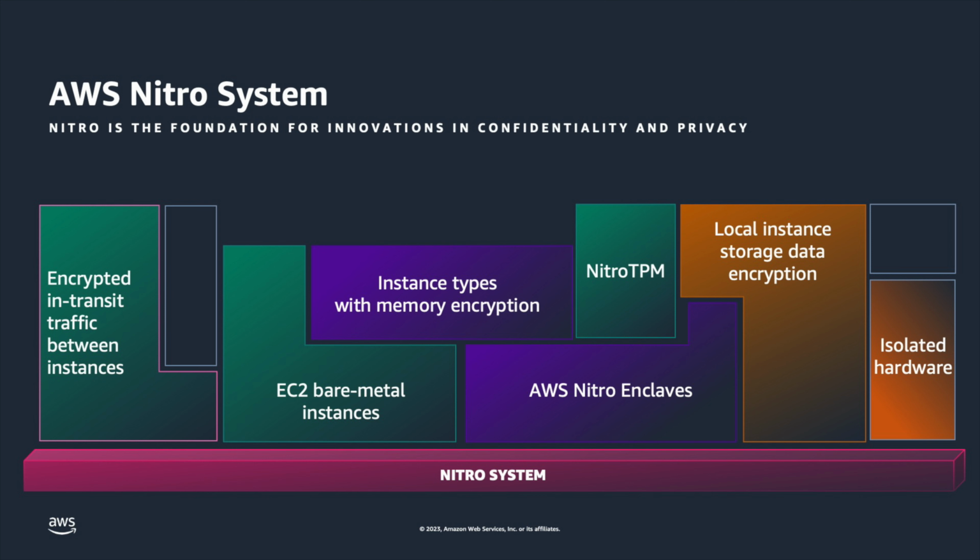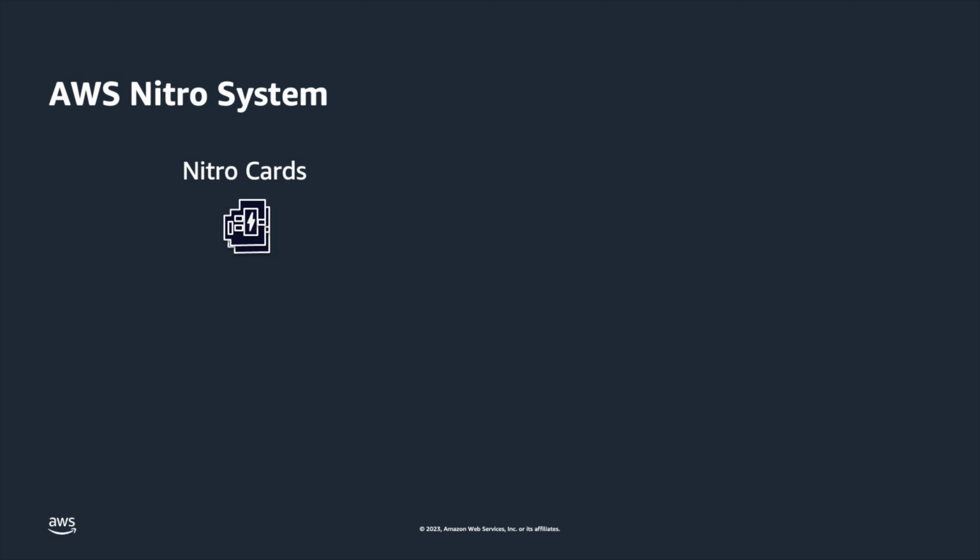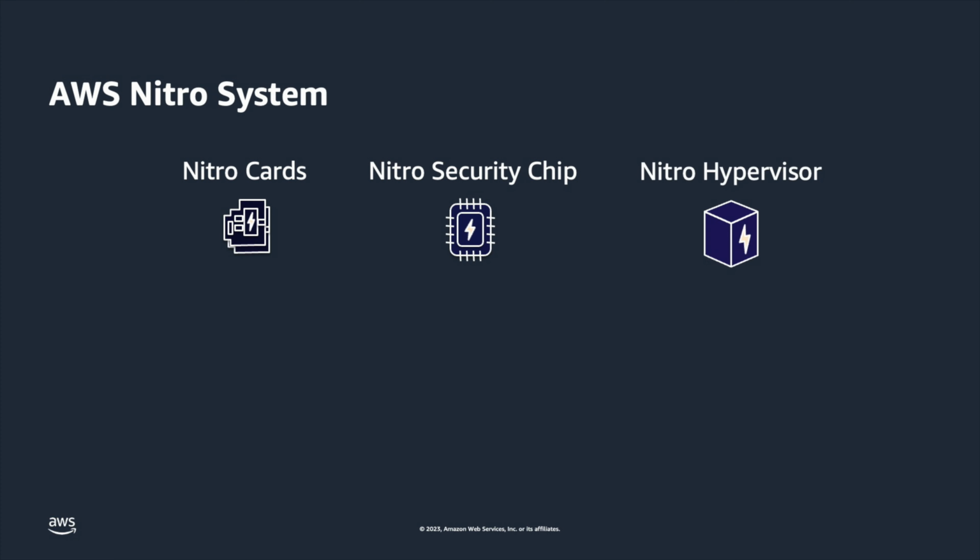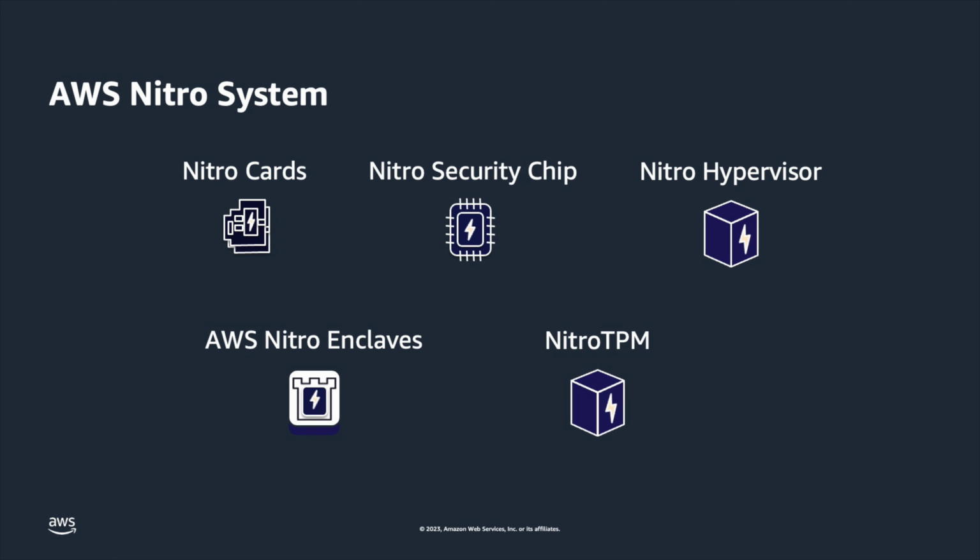It has the following key features or components. Number 1, the Nitro cards. 2, the Nitro security chip. 3, the Nitro hypervisor. 4, AWS Nitro Enclaves. And lastly, Nitro TPM. All providing strong isolation between the host hardware, firmware, and software.